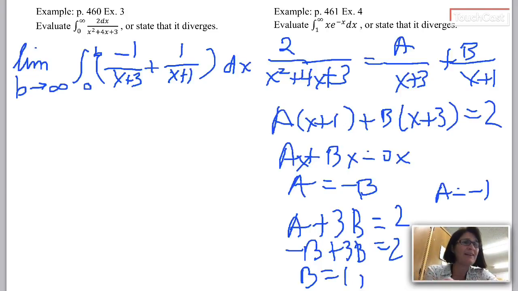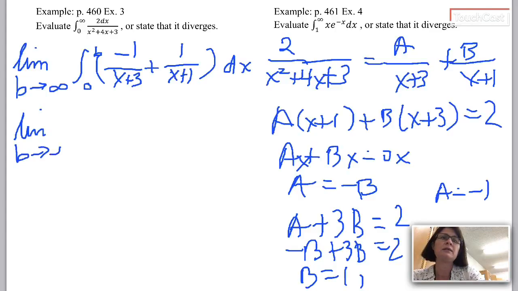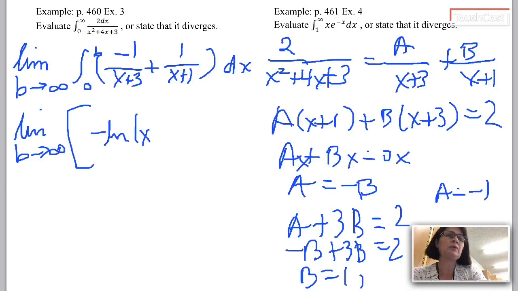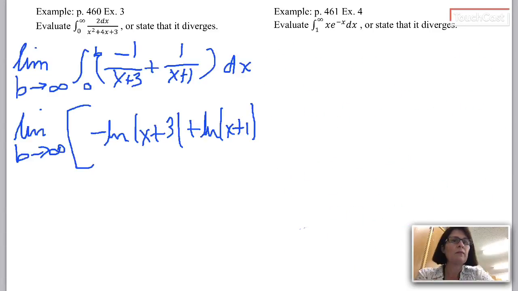Now I'm going to find an antiderivative. I'm going to have this limit as b goes to infinity out here waiting its turn to get evaluated. So that's the limit as b goes to infinity of negative natural log of x plus 3 plus natural log of x plus 1, all evaluated from 0 to b.